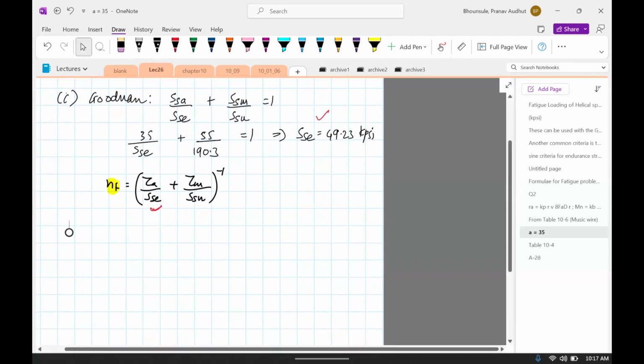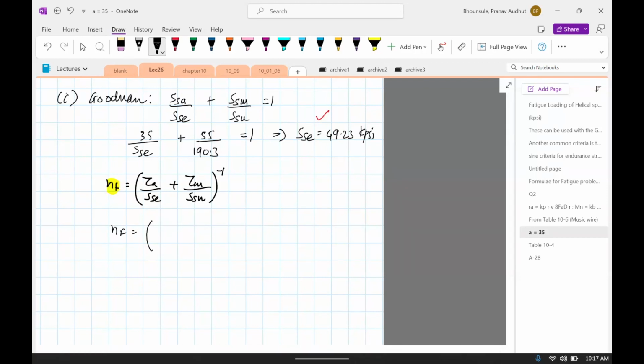Okay, so let's substitute. NF equals tau A. Again, tau A is something we've computed. It is 29.7. SSE, we've got here, 49.23. Tau M we've computed before, it's 39.6. SSU is a material property.